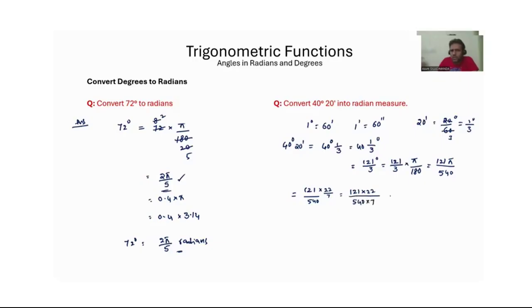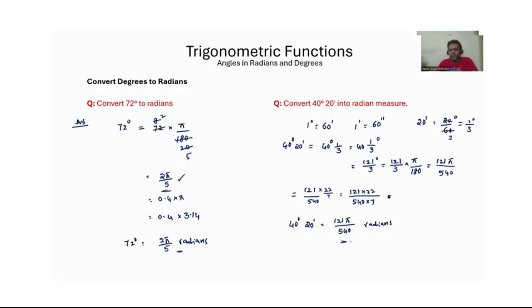If you start simplifying this, you will get that value in radians. So 40 degrees and 20 minutes equals 121 pi by 540. I suggest that you can leave it up to the pi value.